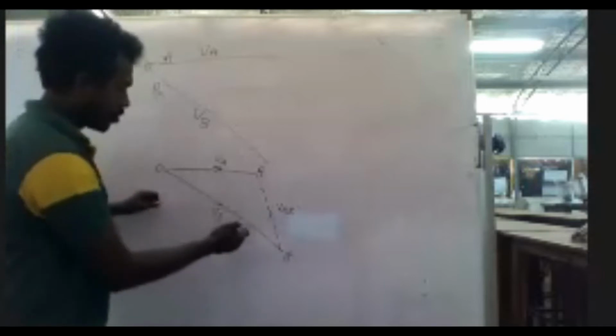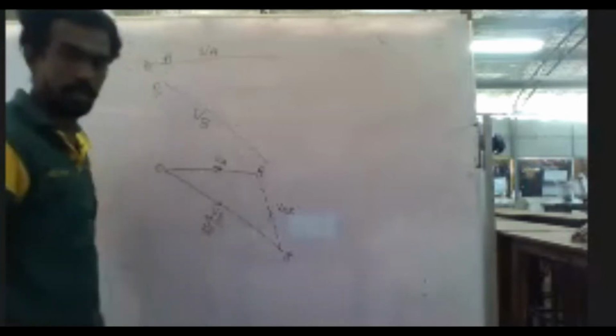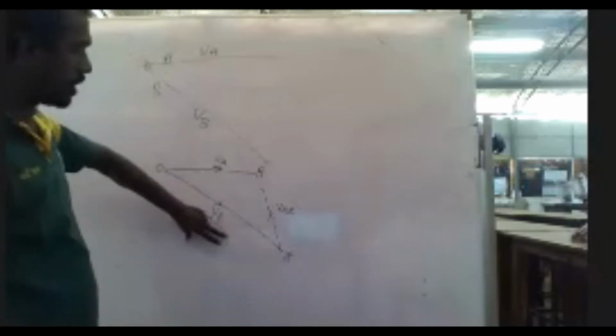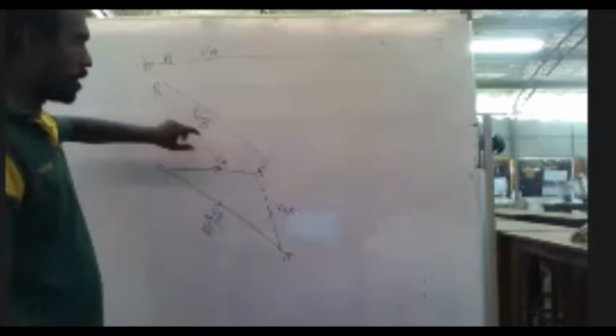So I will apply VB this way. Then, in a similar way, this VB I have to apply to this body also. Then only I can stop this body.